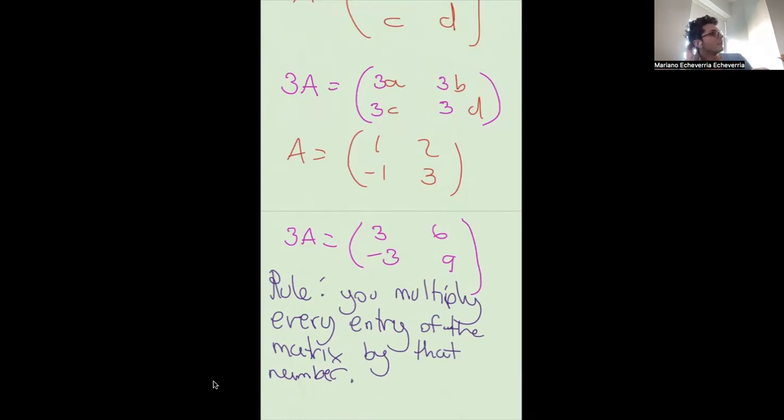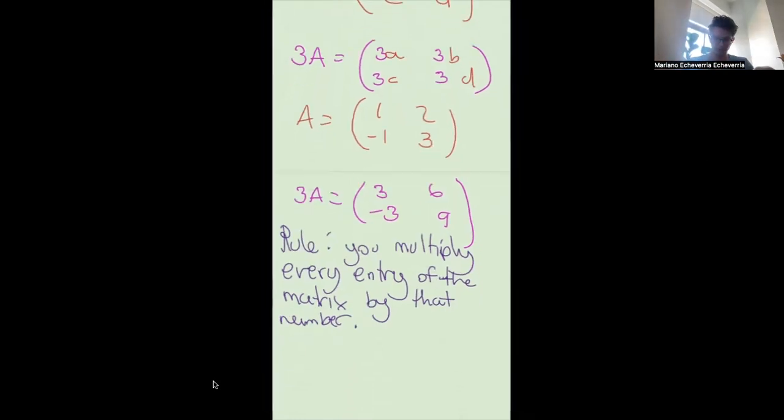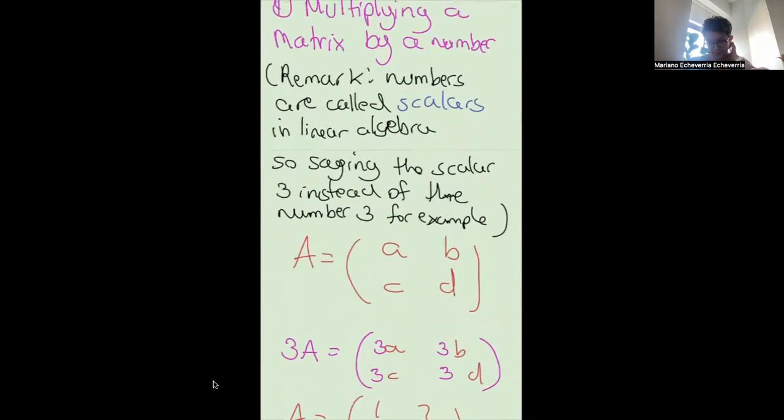With vectors, we multiplied a vector by a number, and then the next thing we did was adding two vectors. So there is a way to add matrices together. Okay, so let's call that operation 2.